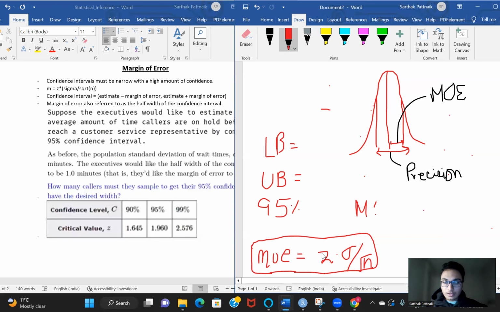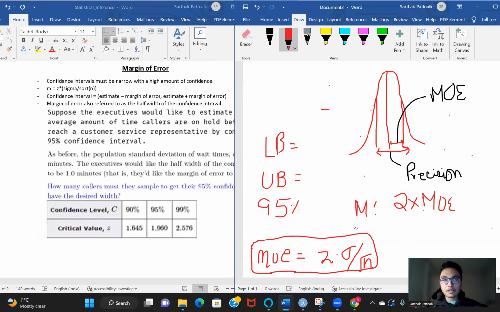Your margin of error is the test statistic times sigma by root n. If you look at this precision or the width, it comes out to be twice the margin of error. How?